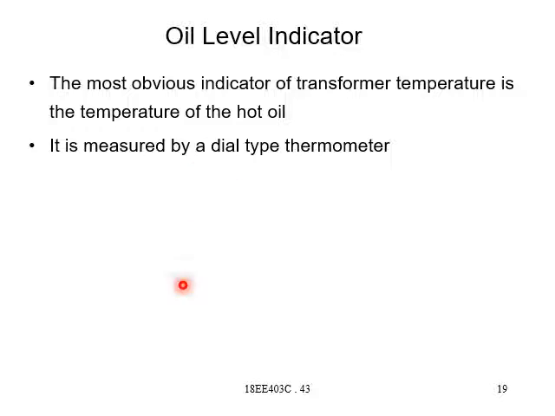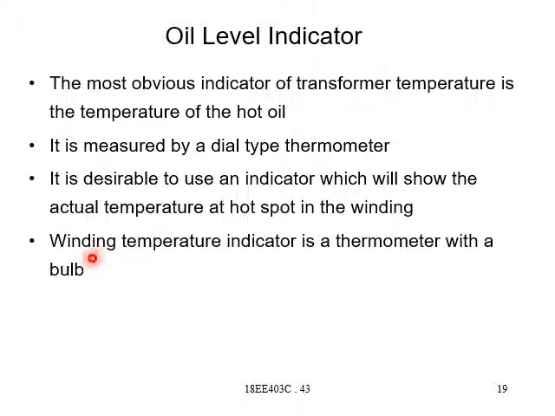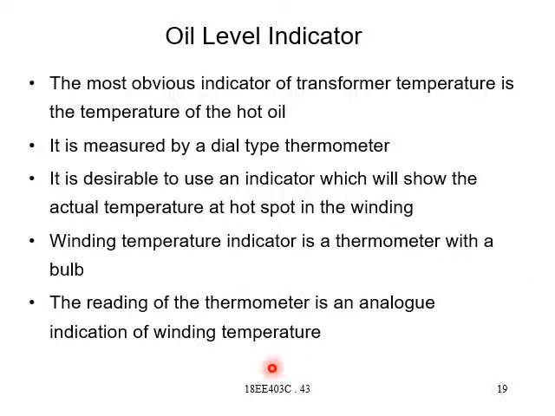It is measured by a dial type thermometer, and it is desirable to use an indicator which will show the actual temperature at hot spot in the winding. So winding temperature indicator is a thermometer with a bulb, and the reading of the thermometer is an analog indication of winding.